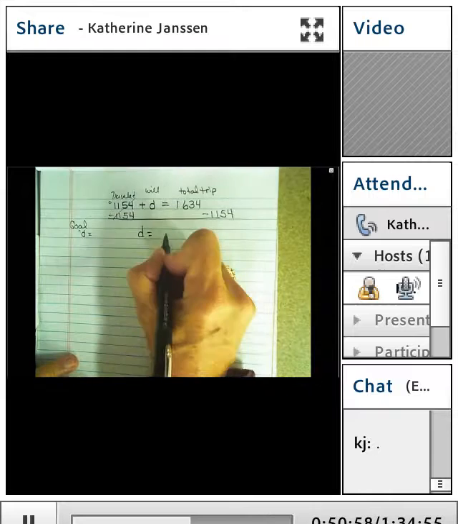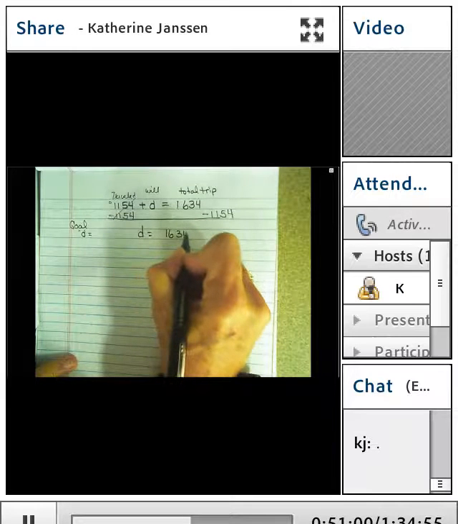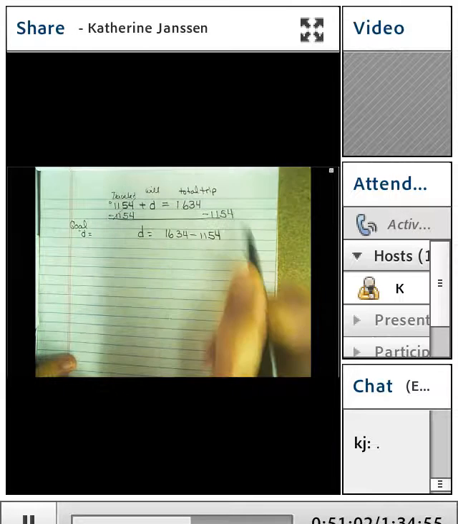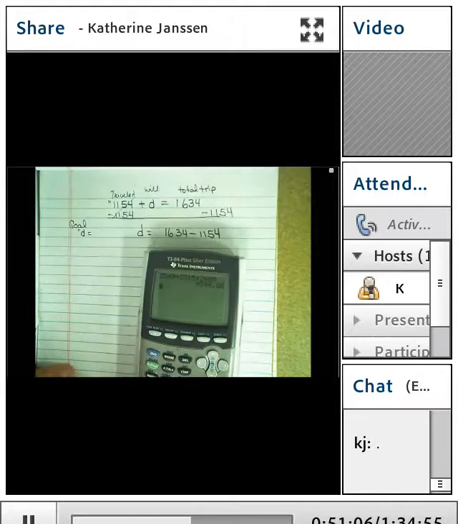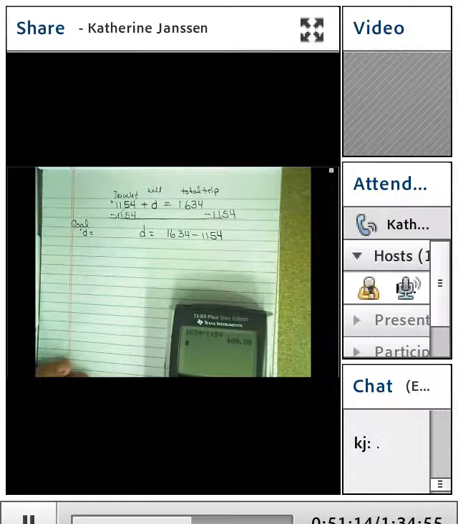So I'm going to tidy up this side of the equation. I have D equals, but now I need to subtract 1,634 subtract 1,154, and I end up with 480.